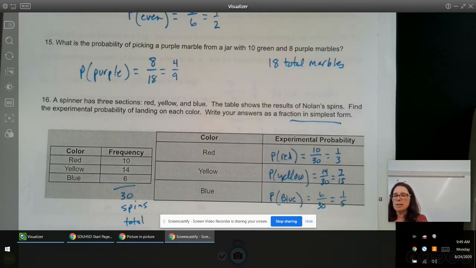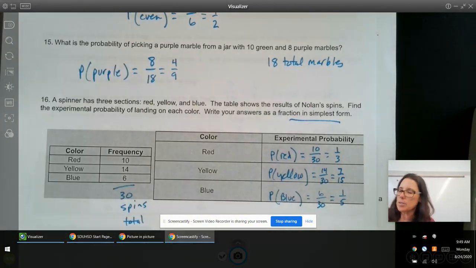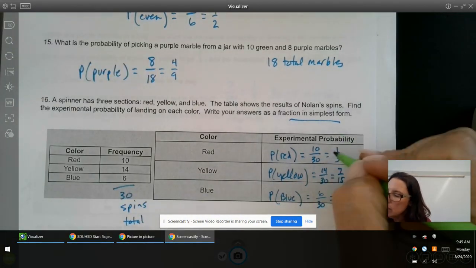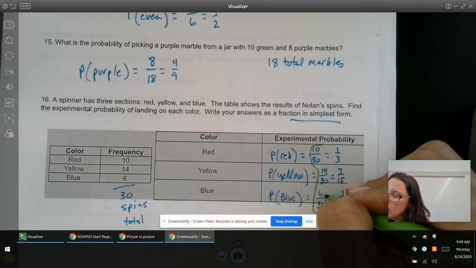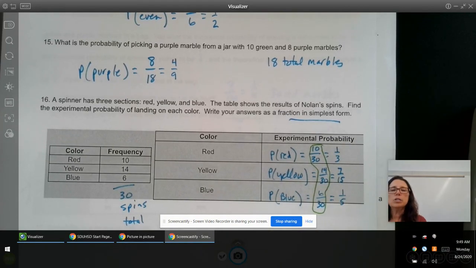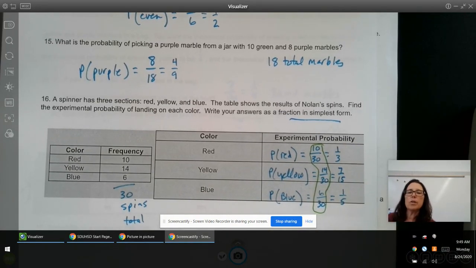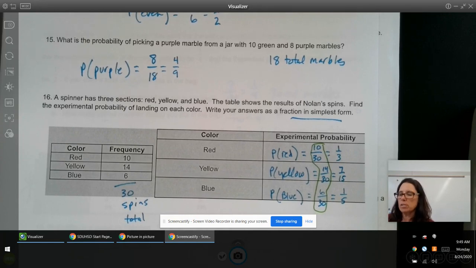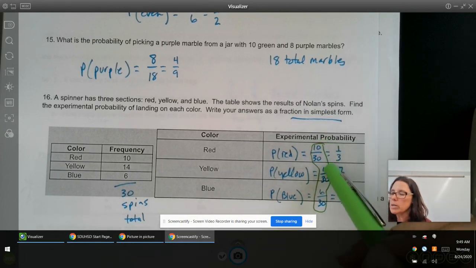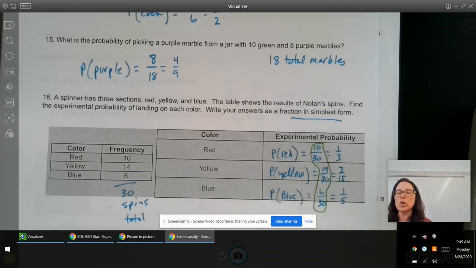Now here's something very important to notice. Take a look at all these. Do you notice anything about those 3 fractions of the entire bag? Wouldn't they add to one whole, 30/30? If you added these up, shouldn't they add to one whole? So 10 plus 14 is 24, plus 6 is 30/30.